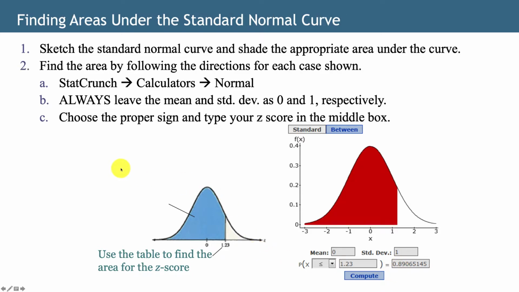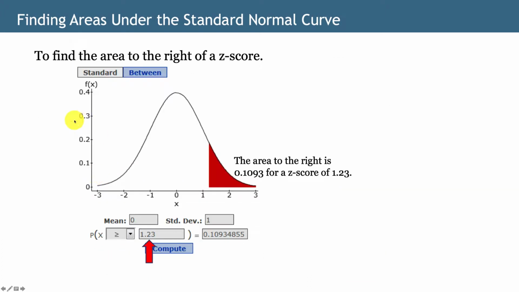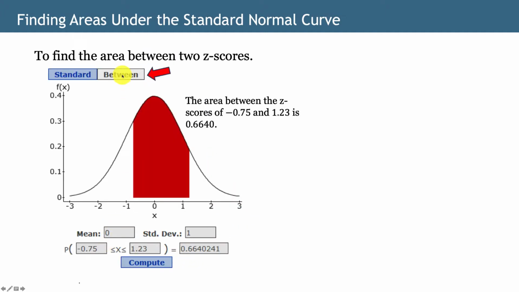Okay? And then you could do the other way. So flip it to greater than, and then it could shade in the other direction. It'll spit that out for that z-score. You can also click between, and then you could put two different z-scores in, and then it'll shade in between, and it'll tell you that probability or area in between. So really fast and easy to use this calculator.